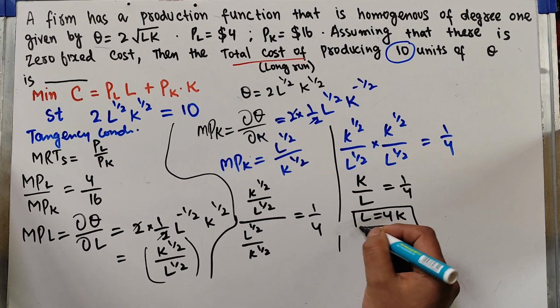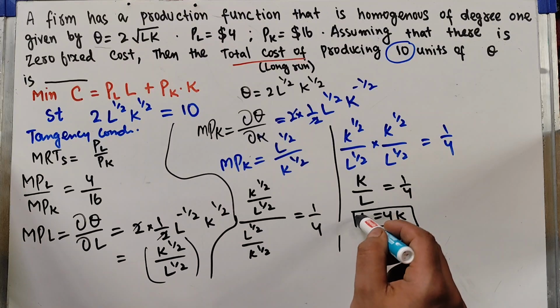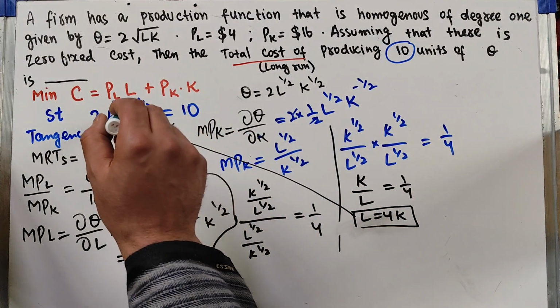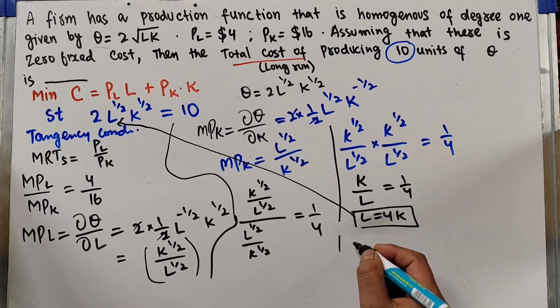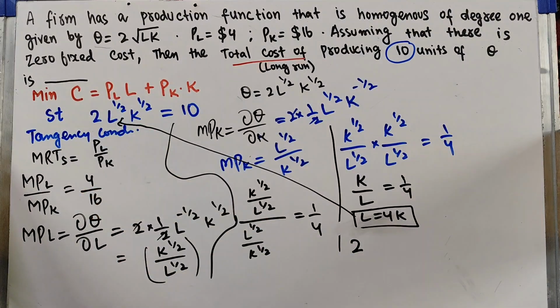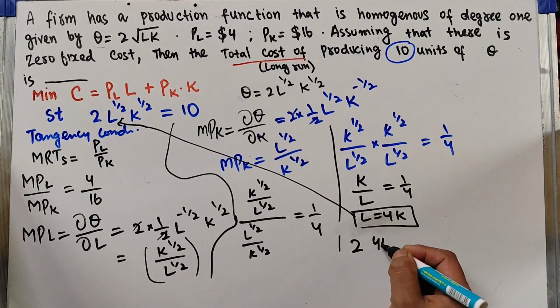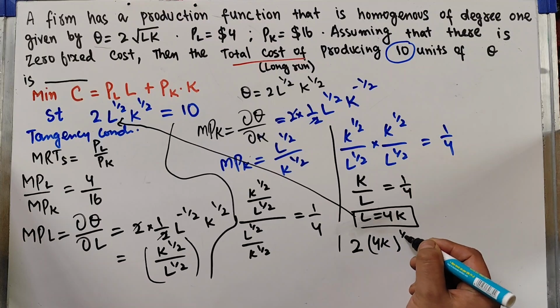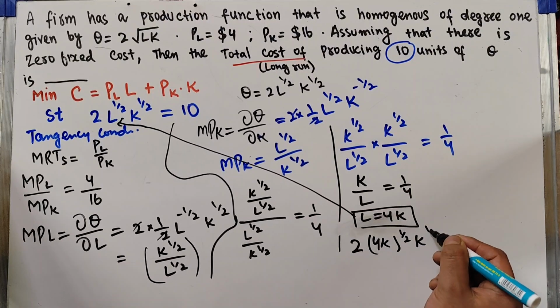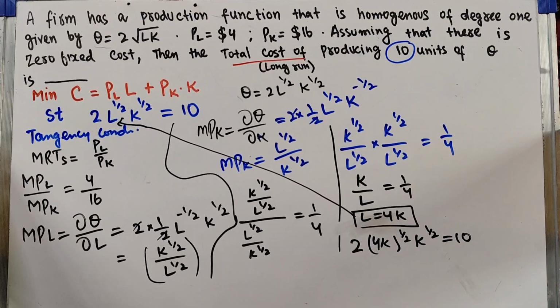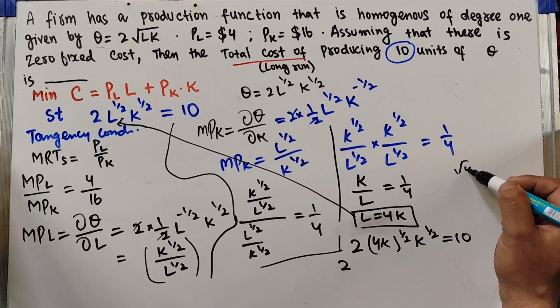Now we plug the value L equals 4K into the production constraint. That means twice 4K raised to the power 1 upon 2 times K raised to the power 1 upon 2 is equal to 10. 4 raised to the power 1 upon 2, that is under root 4, is equal to 2.